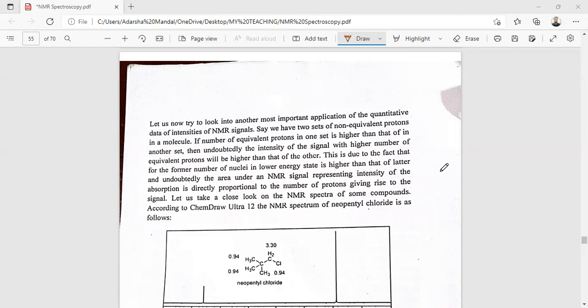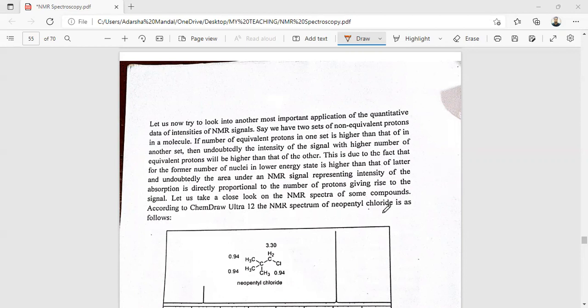This is due to the fact that the number of protons in one set is higher than in the other. Undoubtedly, the area under the NMR signal, representing the intensity of the absorption, is directly proportional to the number of protons giving rise to the signal.